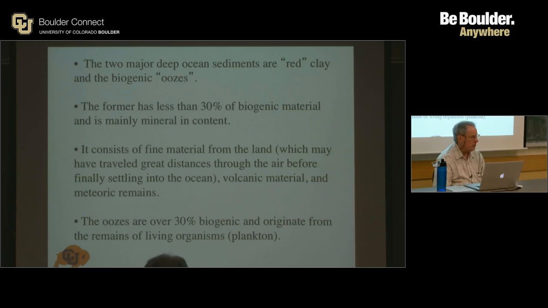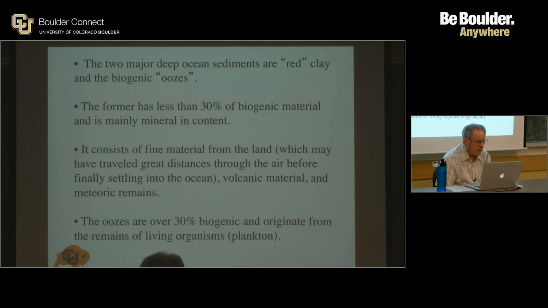What does biogenic mean? That means it's the bodies of dead animals or plants. Everybody knows the difference between phytoplankton and zooplankton. Phytoplankton are the plants in the ocean, and the zooplankton are the animals. These are things you have to look at with a microscope. They're not the fish.